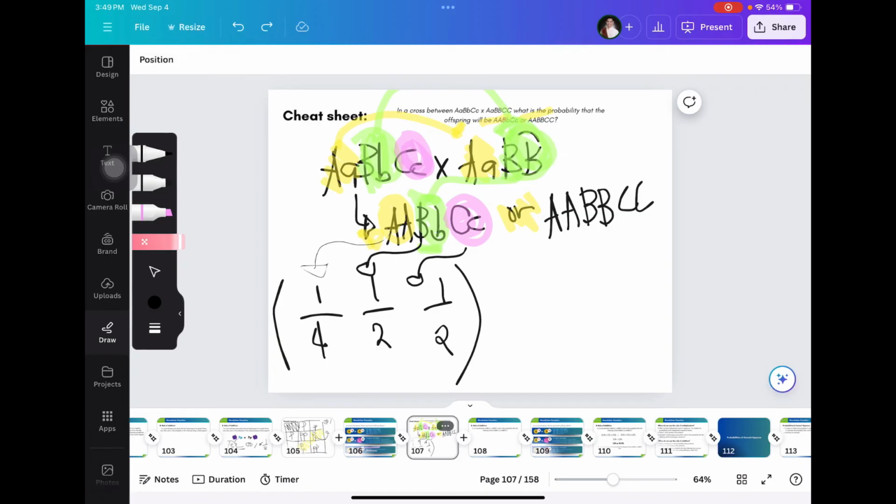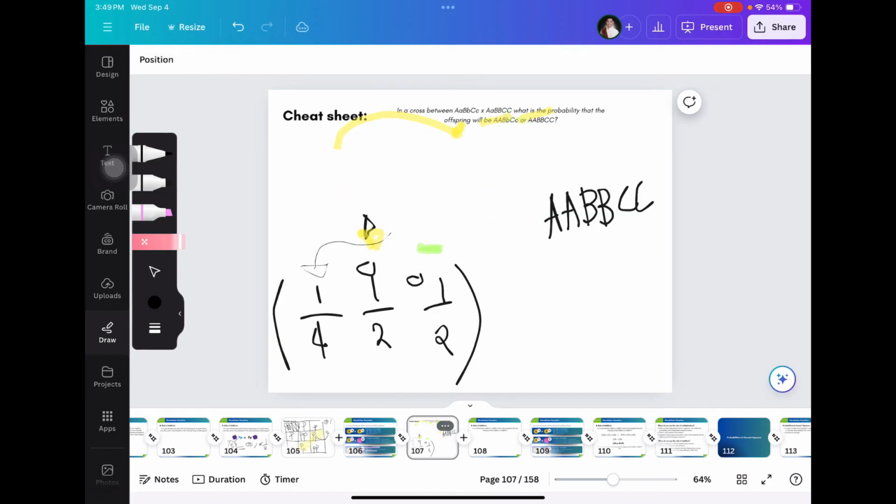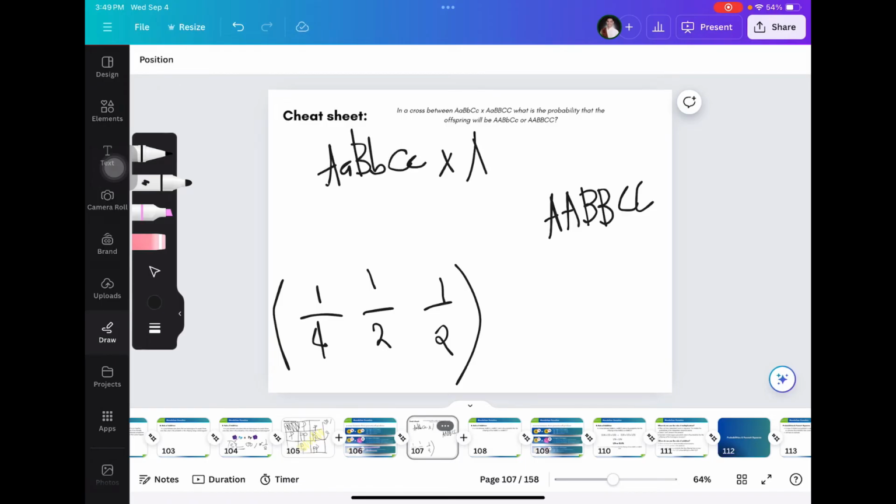Let me just delete that so that 1/2. Okay, 1/2. And then I still have this other side that needs to be calculated. So I have here AA, BB, CC multiplied with AA, BB, and CC.